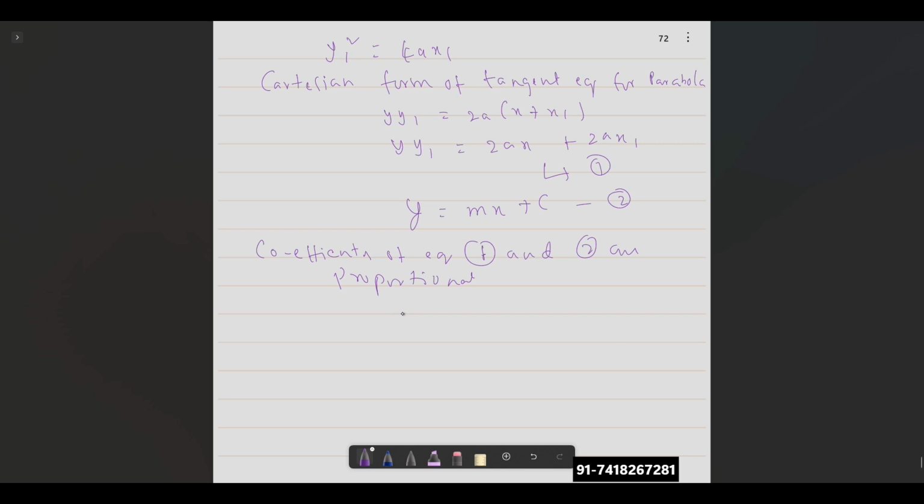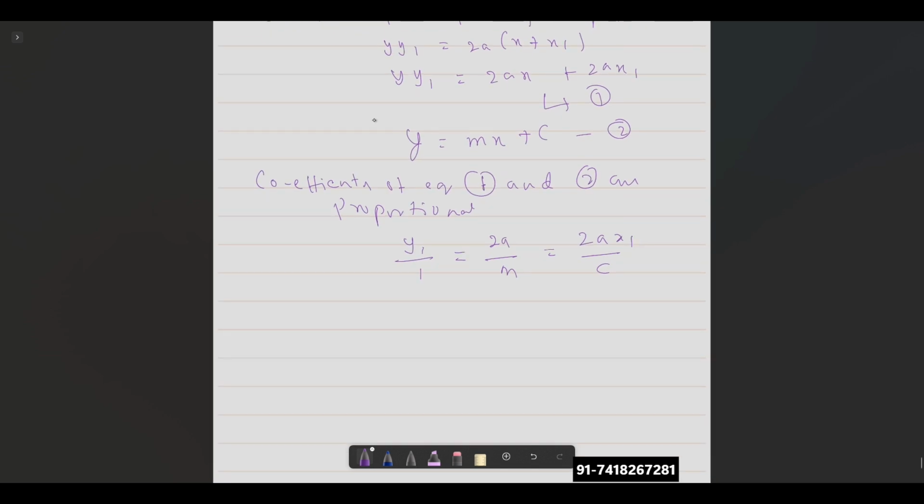That means the y coefficient is y1 divided by 1, equal to 2a divided by m, equal to 2a x1 divided by c. So let us equate these two first and then these two next.